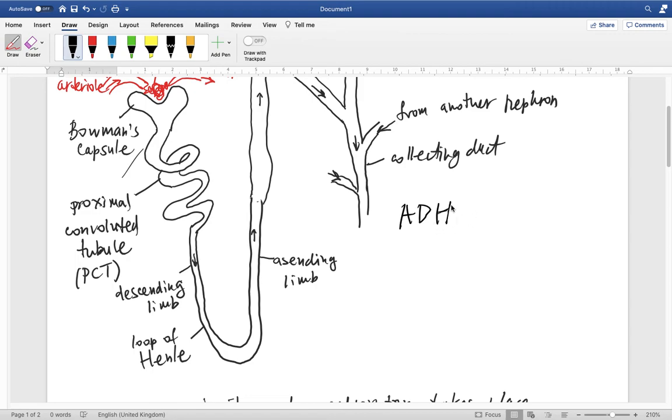Remember, ADH makes those tubules more permeable. Let me just write it down: makes DCT and collecting duct more permeable.